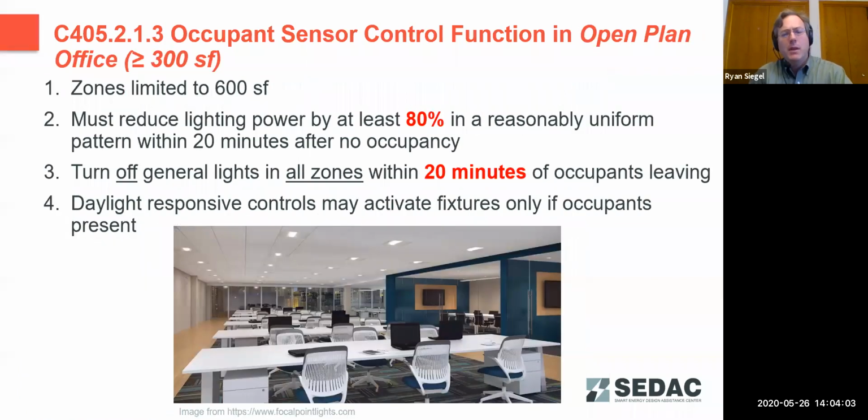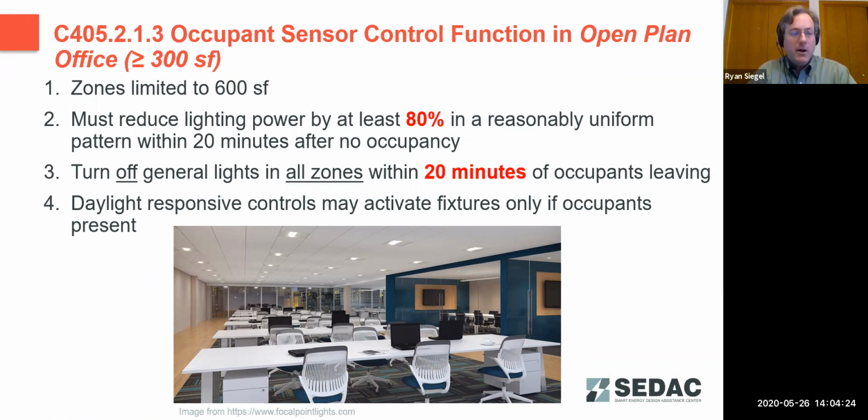Moving over to open plan offices, first of all, the definition is it has to be over 300 square feet in order to qualify as an open plan office. Otherwise, that is considered a private office. For these, zones can't be larger than 600 square feet.